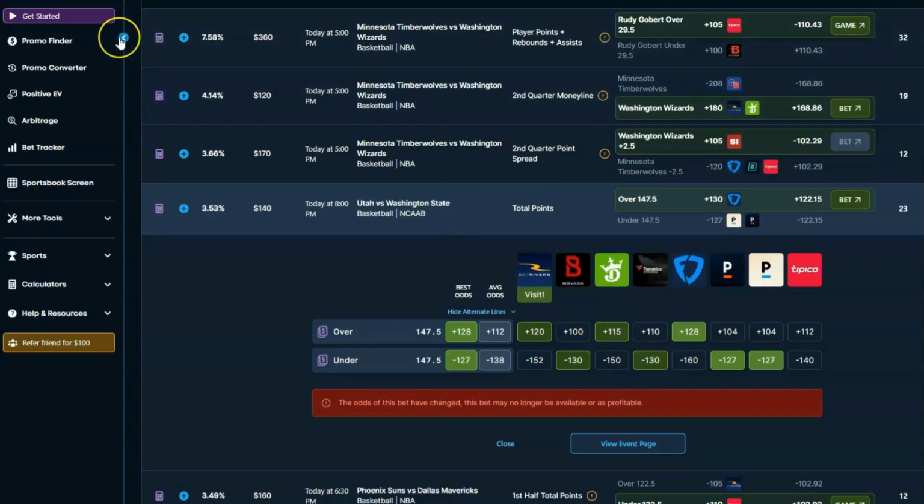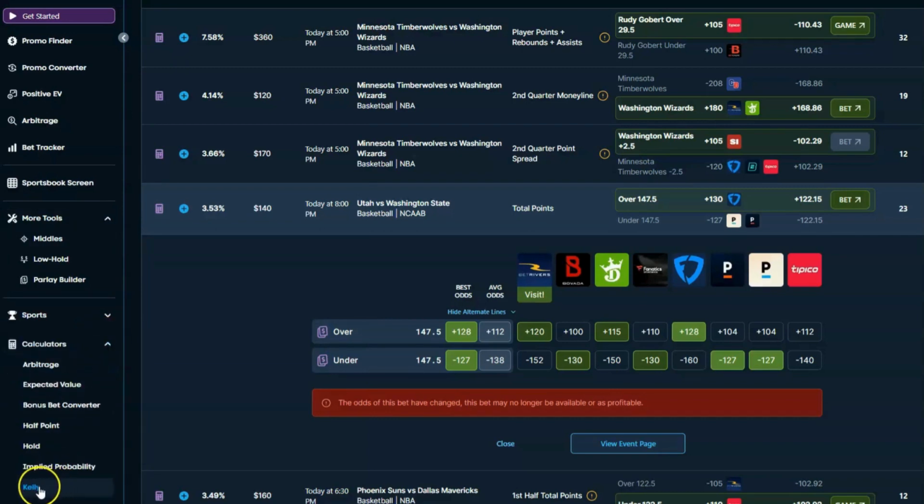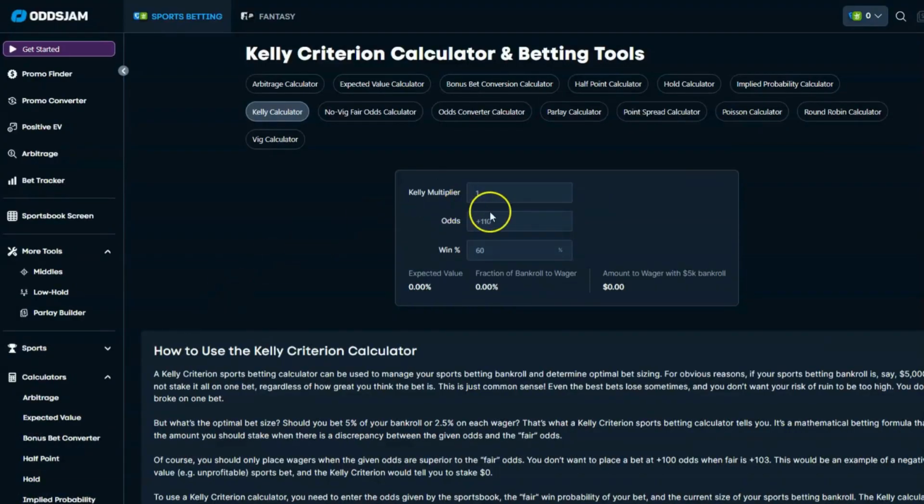So that's why I recommend losing the flat bet mindset and using some of the tools with OddsJam here. You can see some of the calculators. You can go to the Kelly criterion calculator and use that to help you identify your budget and your risk factors, and plug some of this in.